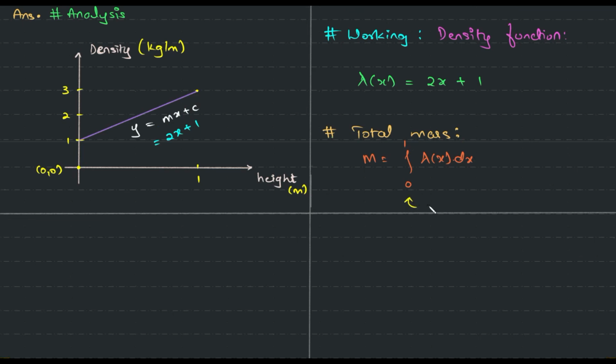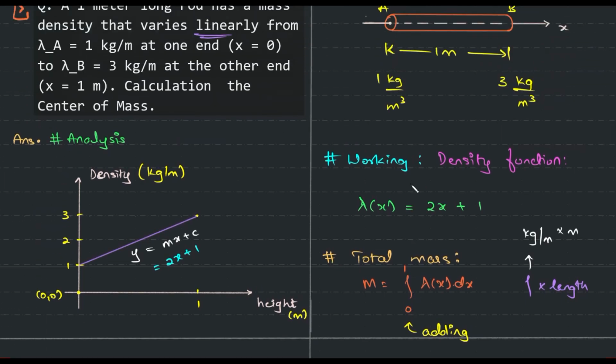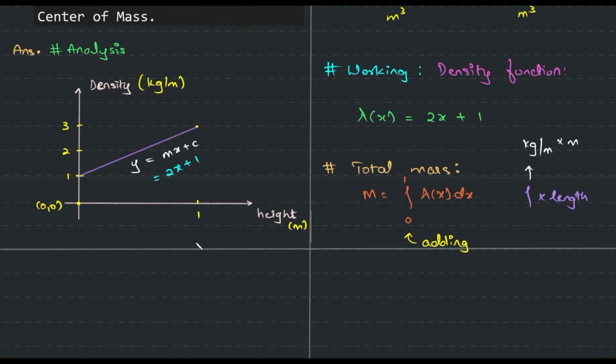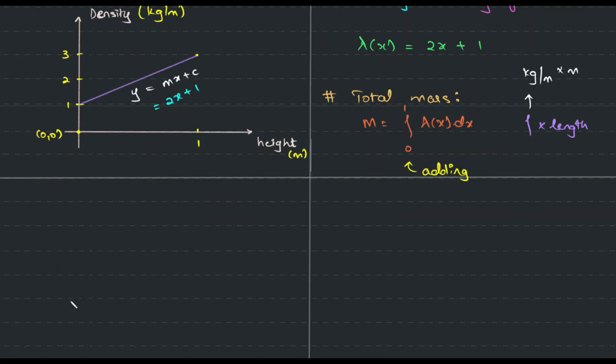So this is about adding. This is your density and this is length. Density into length will give us the mass, because the unit of density is kg per meter and length is meter, and we have the answer.